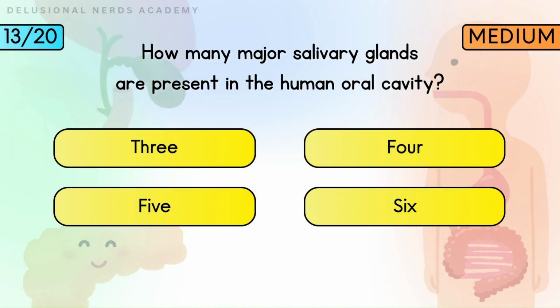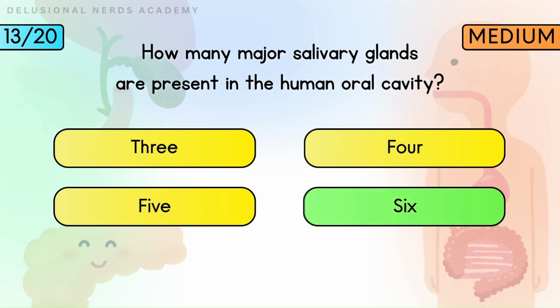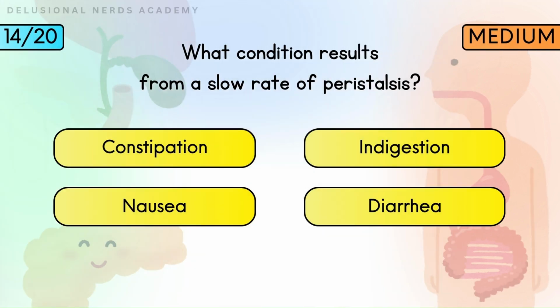How many major salivary glands are present in the human oral cavity? Humans have three paired major salivary glands: parotid, submandibular, and sublingual, totaling 6 glands.